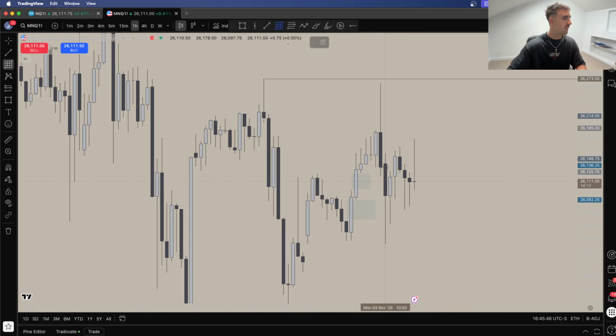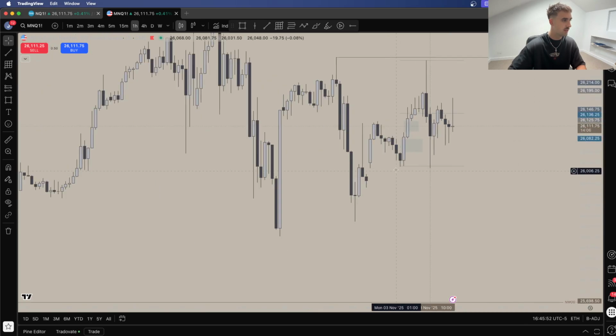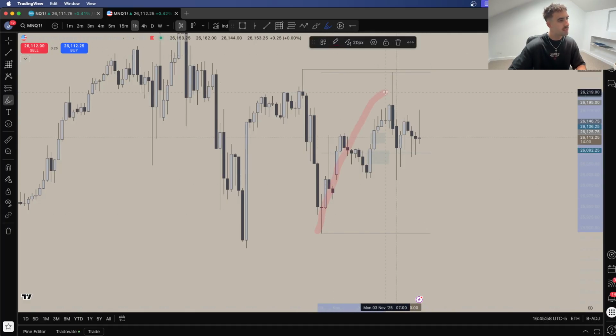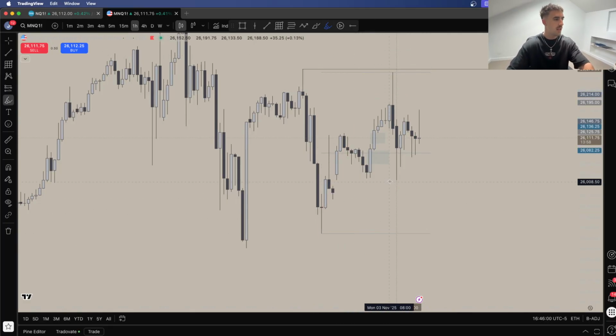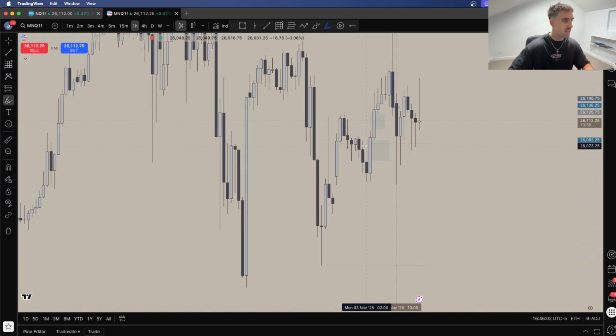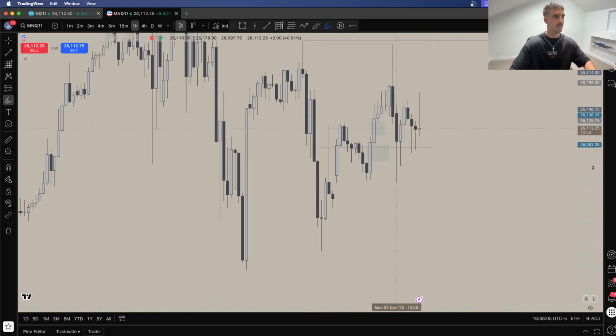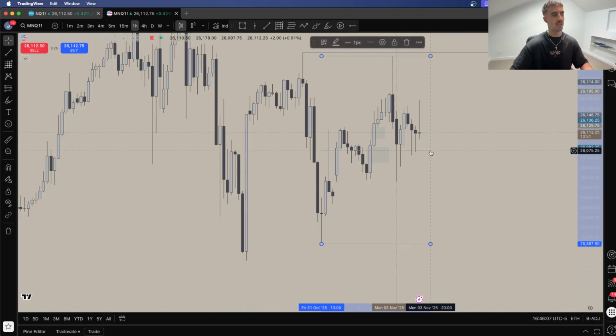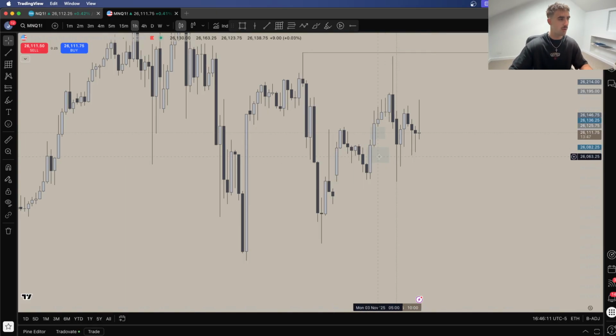If we pull the fib from this to here, from this range, we see the EQ of this range is inside this gap. So that's what I was looking at: we want to rebalance the EQ here, so I want this lower gap.